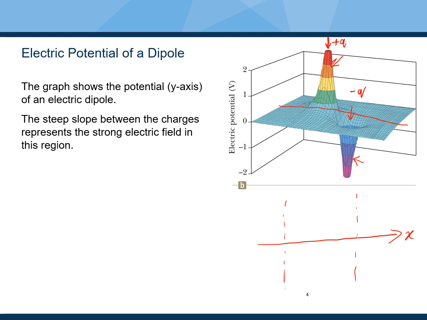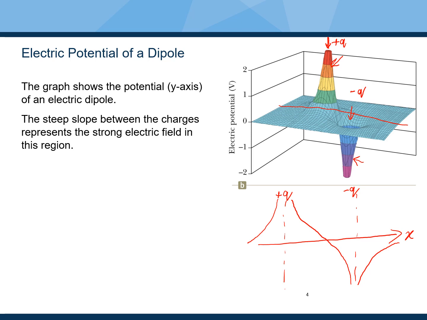Then we have plus Q out here, we have minus Q out here, and if we plot out the potential along a straight line, we would realize that as we move from positive infinity closer to the negative charge, the potential is going down. Here the potential is coming up again, and then it's going up towards the positive charge, and then it's going down again like so out here.